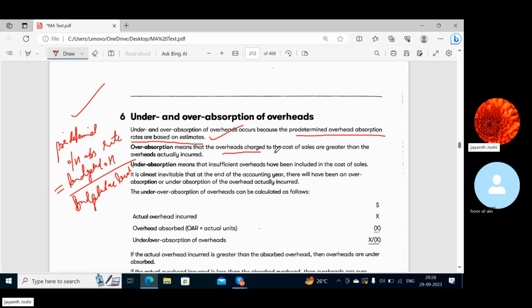Overheads charged to cost of sales are greater than the actual overheads incurred. So I will say overheads charged or absorbed overheads. Overheads charged means what? The overheads which you are showing under cost of sales.